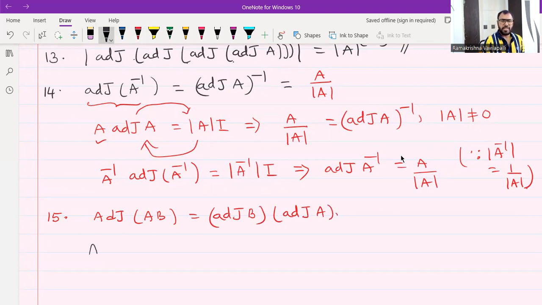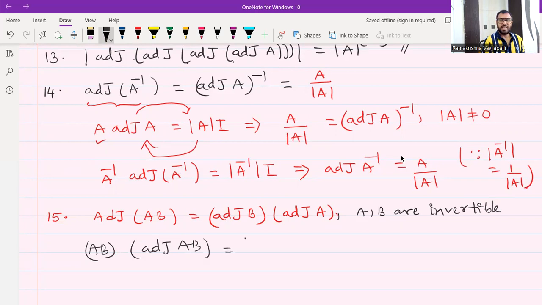You see, AB into adjoint of AB, provided A, B are invertible matrices. Otherwise this is not possible. So AB into adjoint of AB equals det AB into I.